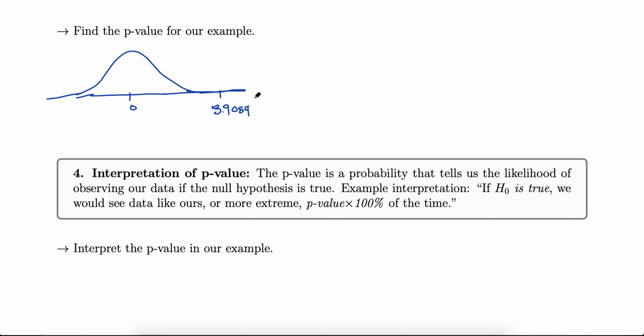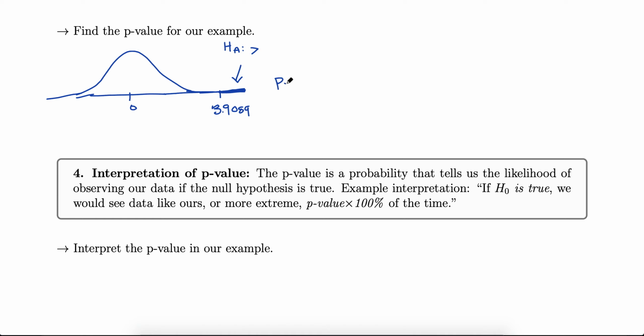That's why we put plus or minus infinity. And if you remember, our HA, our research question, had a greater than sign in it. We wanted to see if more than 11% of people watched this show. So we're looking at this itty bitty area up here above a z-score of about 4. So we know when we calculate this, it should be a really, really tiny number.